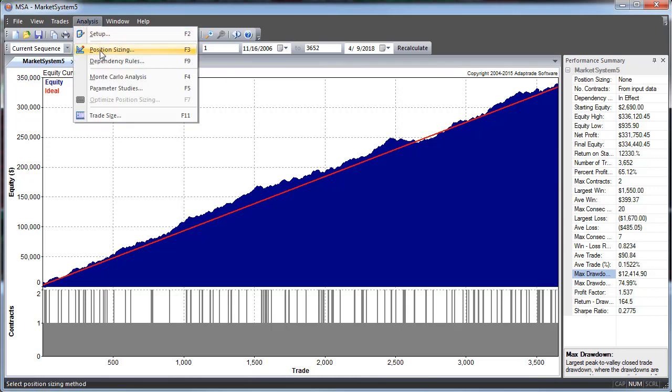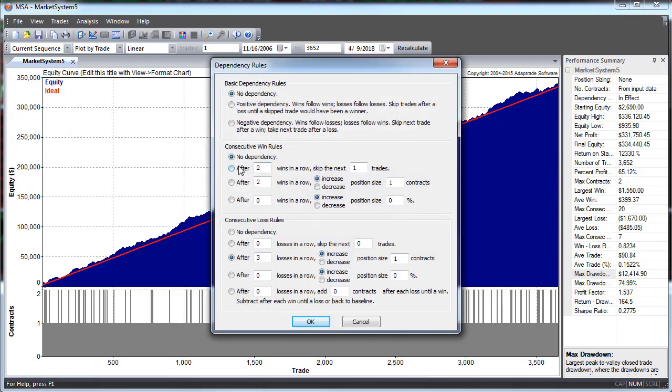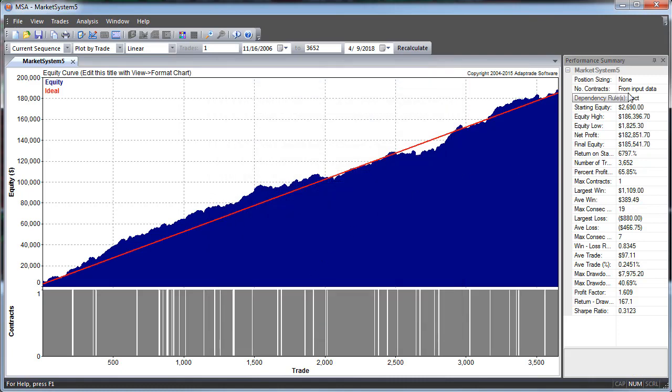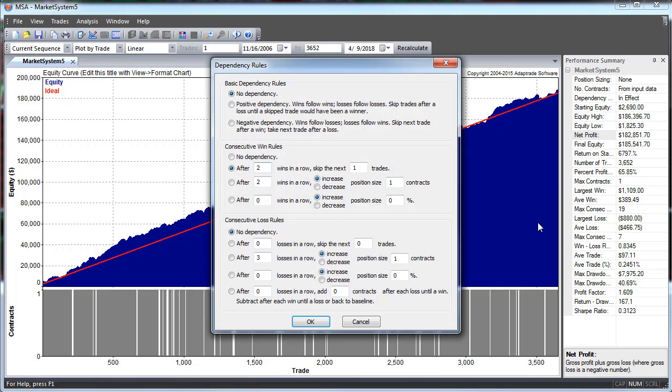What about dependency rules? Let's look at after 2 wins, skip the next 1 trades. See what happens. That doesn't really help. The drawdown's about the same. Net profit's 182. So let's go back to see if we can find one that works.